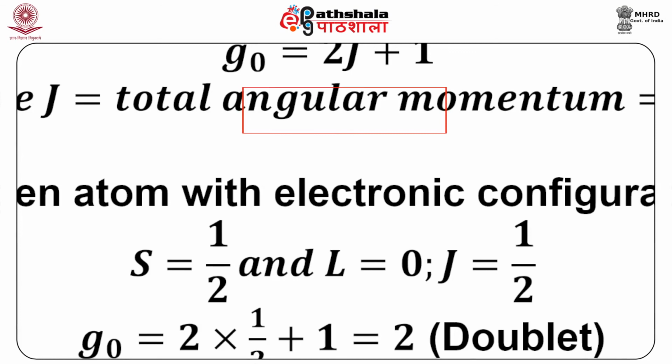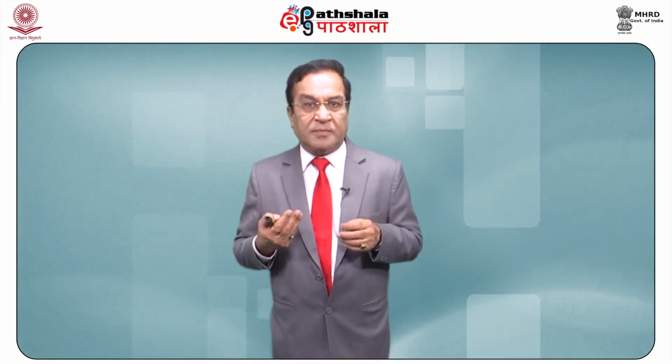The degeneracy is given by 2J plus 1, and J here comes out to be half, and therefore degeneracy comes out to be 2. Similarly, for most of the molecules and stable ions, ground state degeneracy is 1 because they are non-degenerate states.